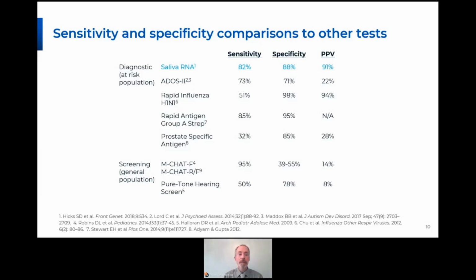Now, if you look at some other tests for infectious diseases like the flu or strep, or even a PSA test, you see that the saliva-based autism test performs very comparably or better than those. So we were very pleased with this outcome in the autism spectrum disorder research.